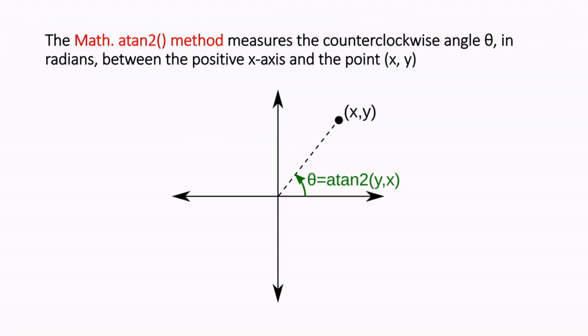But the prerequisite is to understand what math atan2 is. If we have an XY plane with the x-axis and the y-axis, and there is a point here, how much angle it makes, theta, like 30 degrees or 45 degrees, that is atan2 of y and x. We always pass y first and then x.